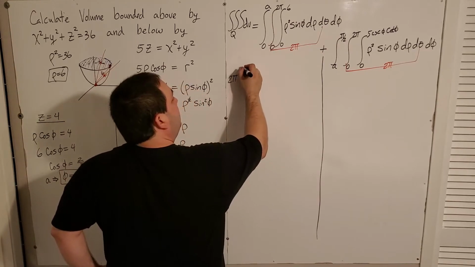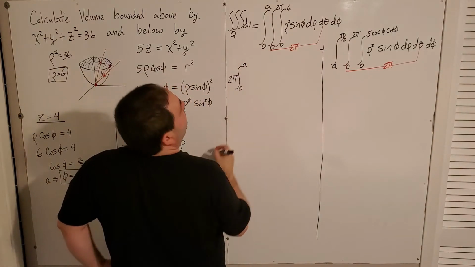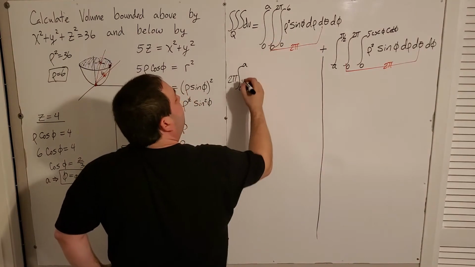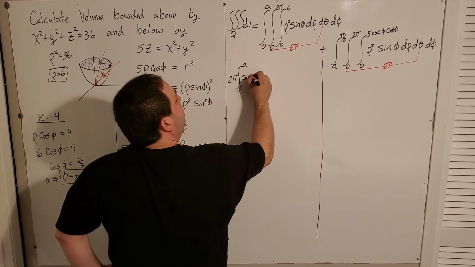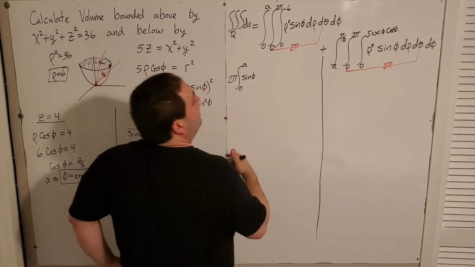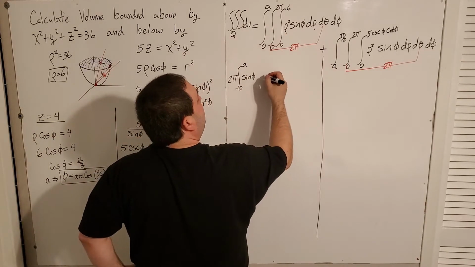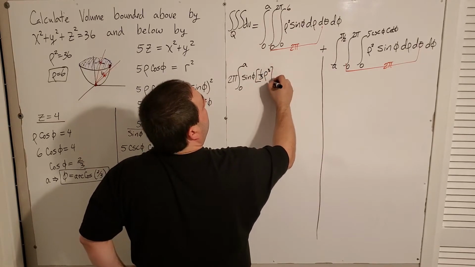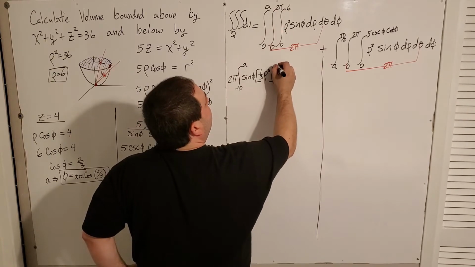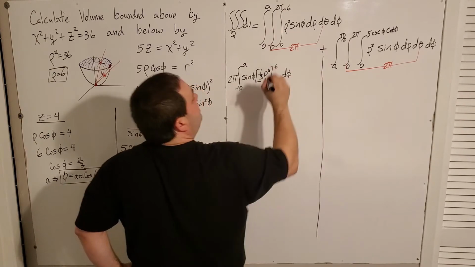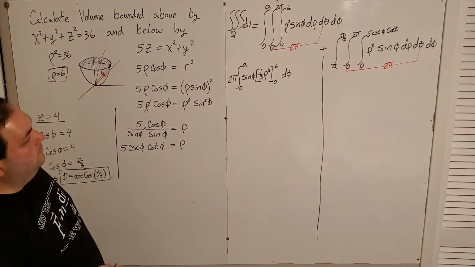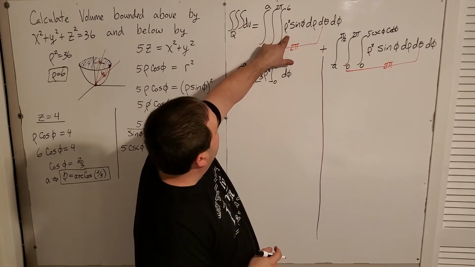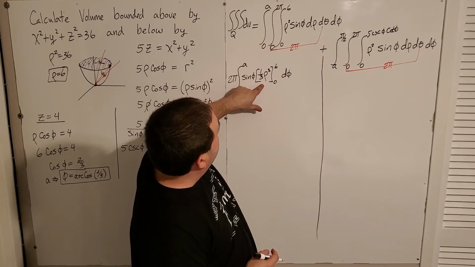Okay? Integral from 0 to a. And then I'm integrating d rho and then sine phi. Okay? So I've got sine phi, get him out the way. And then that's going to give me 1/3 rho cubed from 0 to 6. And then I've still got my d phi there. Right? All I did was I did the antiderivative of the d rho here. Right? That's just this piece.